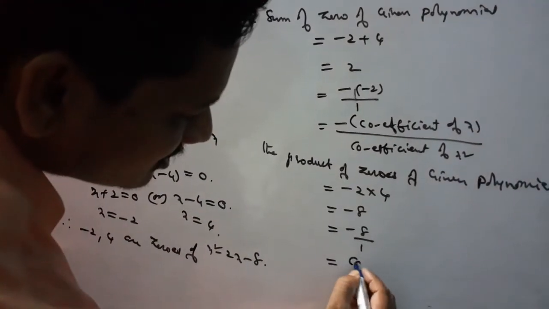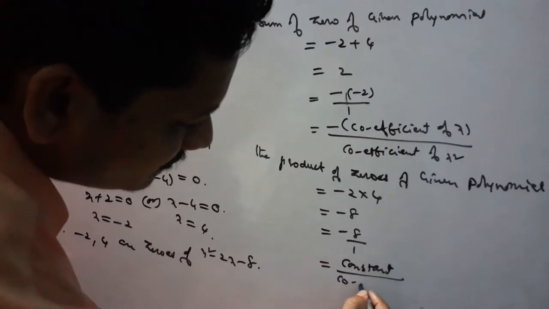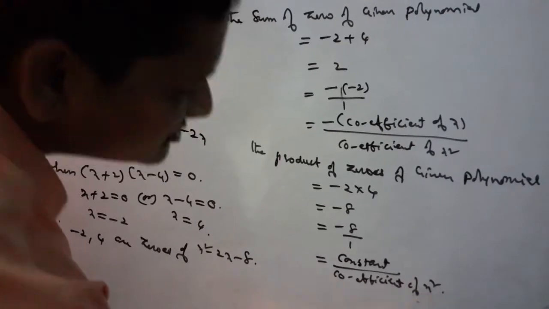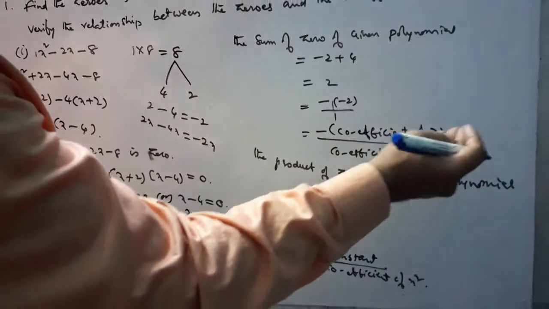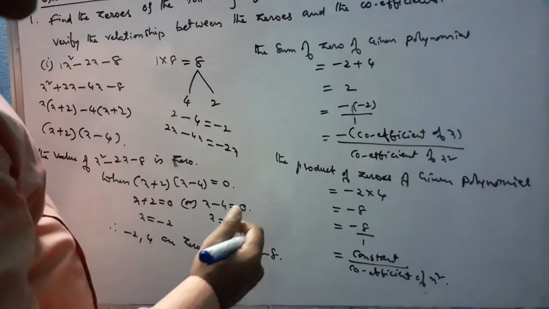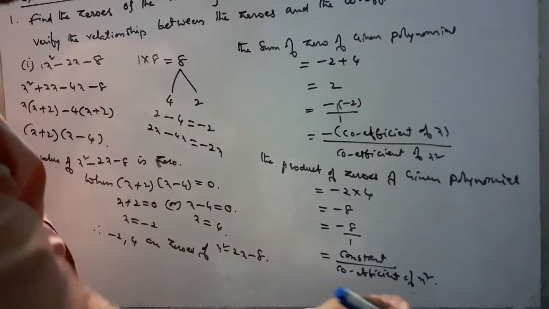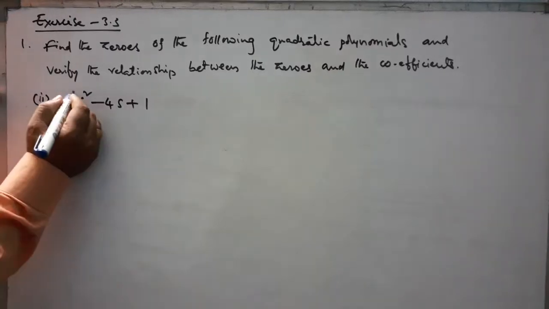So here it is constant by coefficient of x square. So here the sum of the zeros is minus coefficient of x by coefficient of x square. Product of the zeros is equal to constant by coefficient of x square.